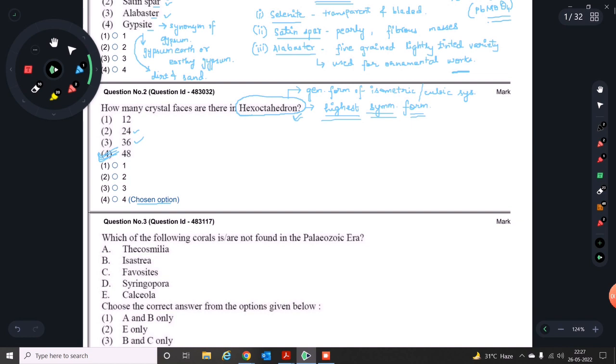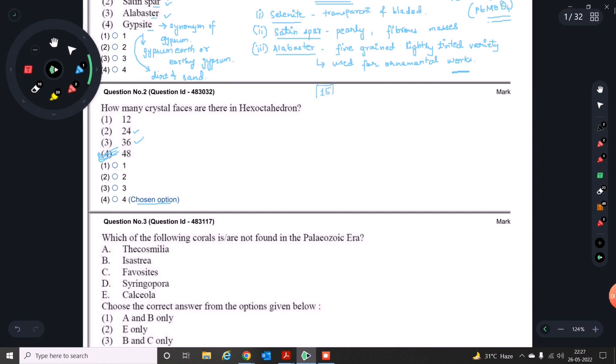Actually, if we talk about numbers, we have in total 15. We erase this part, need a little bit more space. So in total, we have 15 isometric forms, or I can say cubic forms.